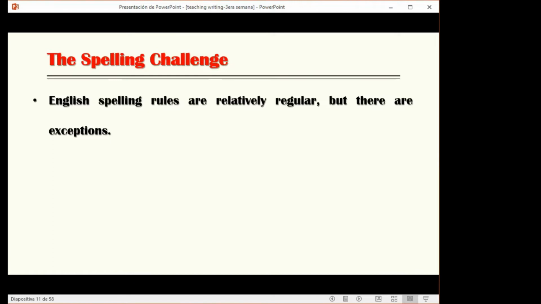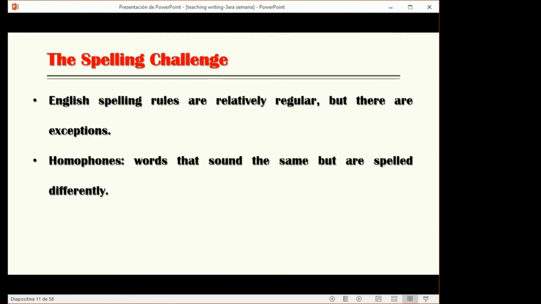There are no fixed rules for the relationship between writing and sounds. But most of the time, the spelling rules in English are regular, and obviously, even in our language, we have some rules, but these rules are broken, and we call them exceptions to the rule. Each language has some exceptions to general rules. The same happens in English.